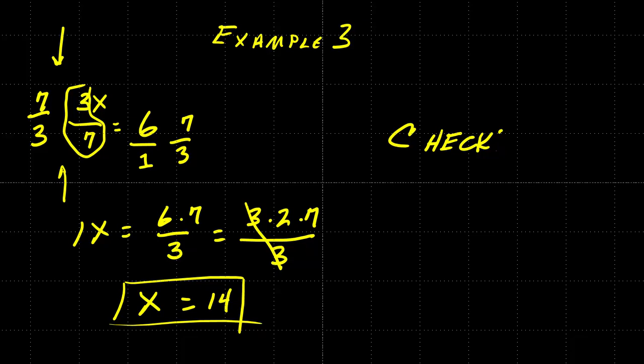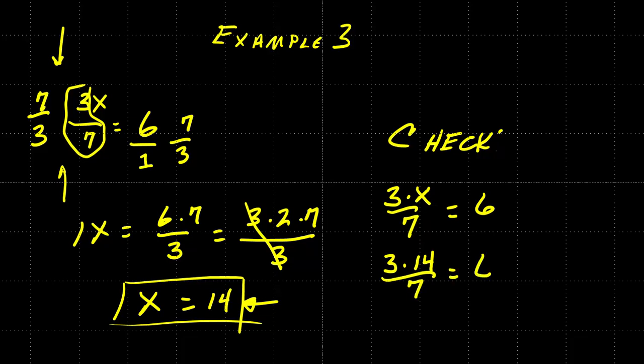We'll take this value of x and put it back into the original equation. The original equation was 3 times x divided by 7 equals 6. Replace the x by 14. Now 14 is the same thing as 2 times 7.